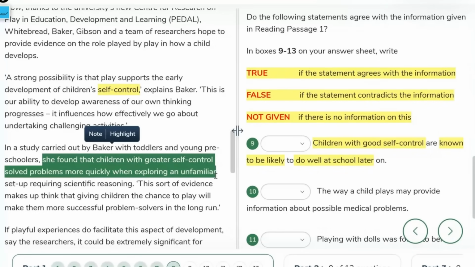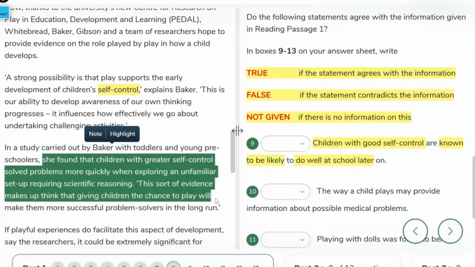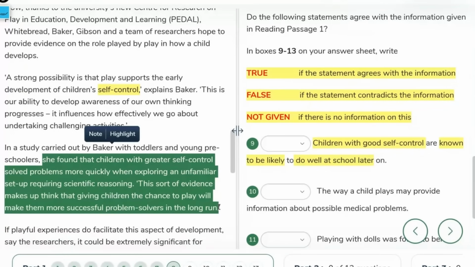This sort of evidence makes us think that giving children the chance to play will make them more successful problem solvers in the long run. In the long run means later on. More successful problem solvers means they are going to do well.